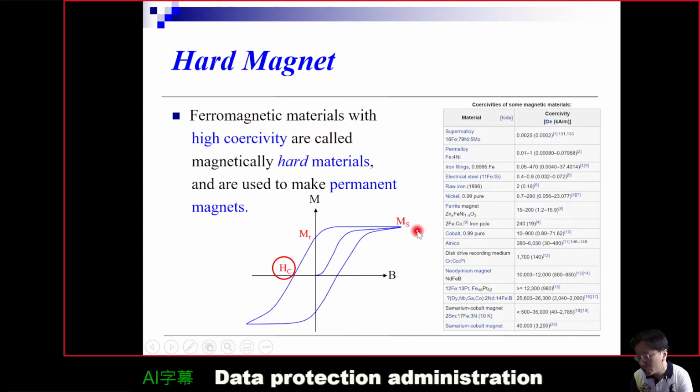Okay. So when we reach the saturation magnetization, we can then decrease our applied magnetic field. The magnetization will slightly decrease until it reaches a certain value we call the remanence, labeled here as MR. R means remanence.